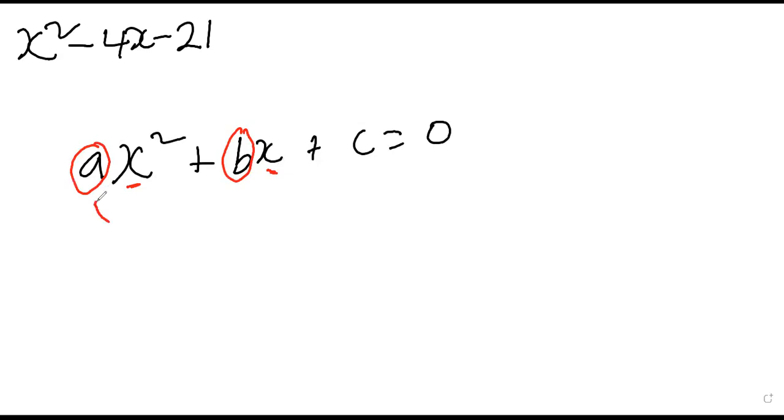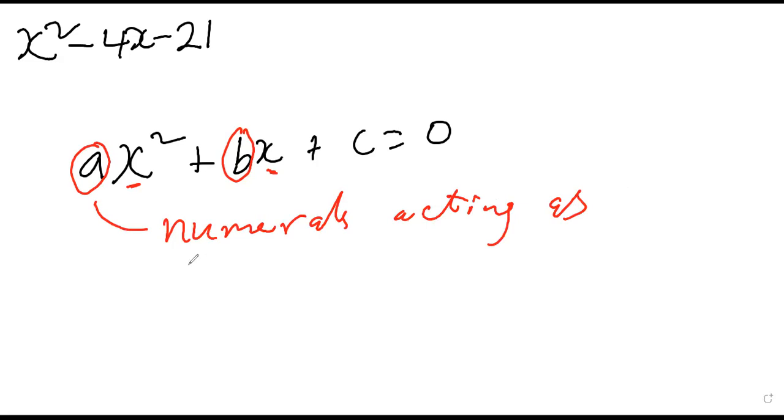So these guys are numerals acting as coefficients, right? So they are just numerals acting as coefficients. So what is c right there is a constant, okay?